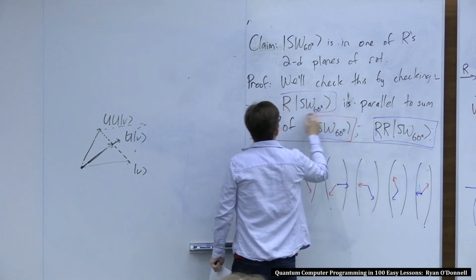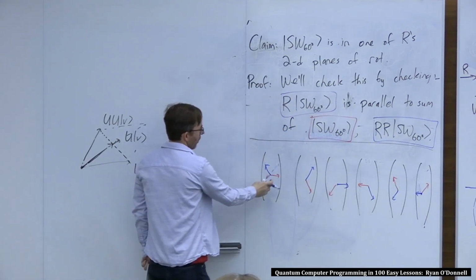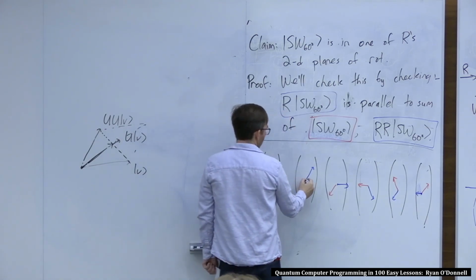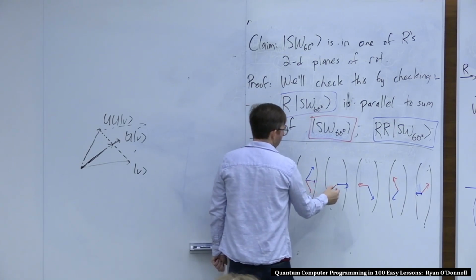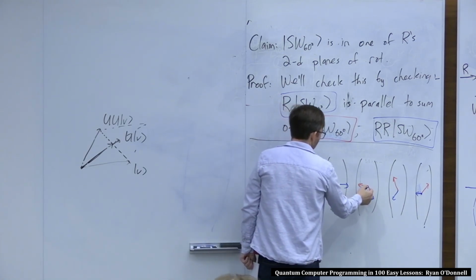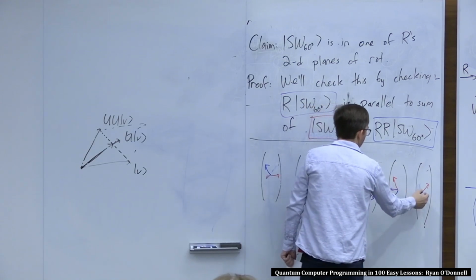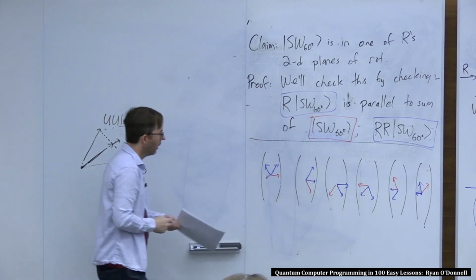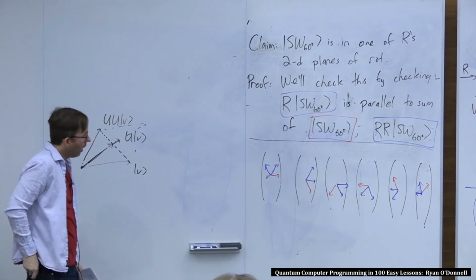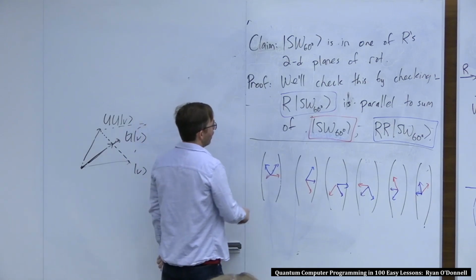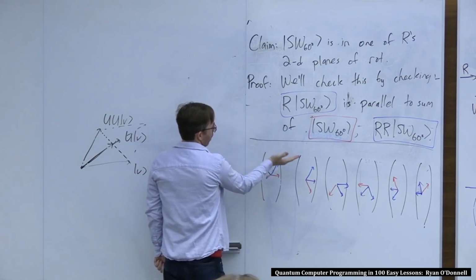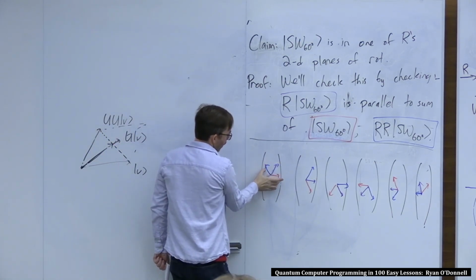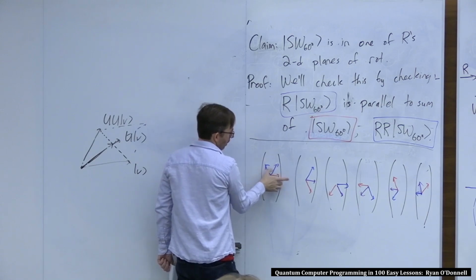Okay, and finally, let's look at this one. Again, we'll start with the red one, and we'll just shift it down one step. That's what's going on with R. So we step it down one step, and this horizontal guy goes here, and then it's here, here, here, here, here. Okay, as you can see in this picture, the purple vector, the middle one, where we applied R one time, is basically parallel to the average of the red and the blue.